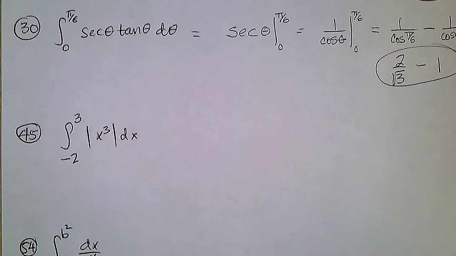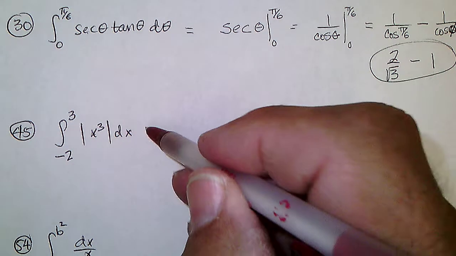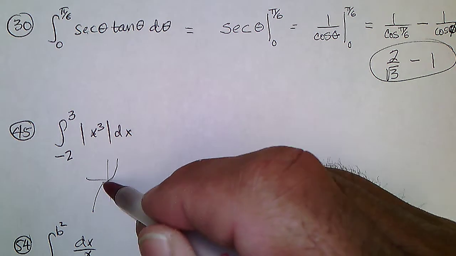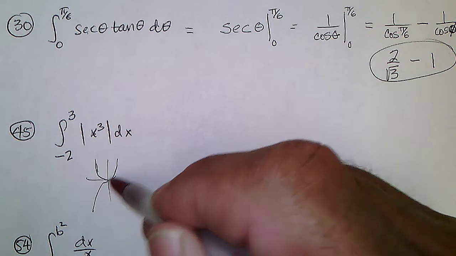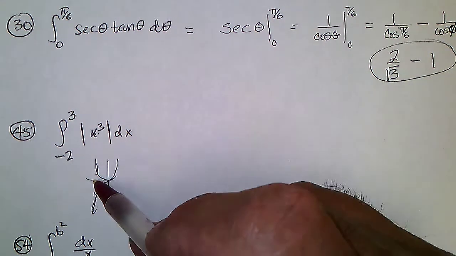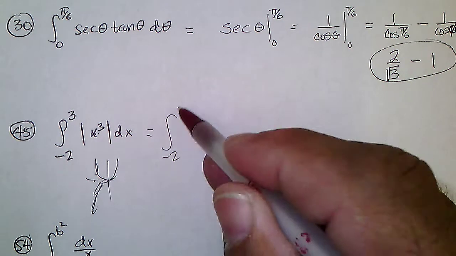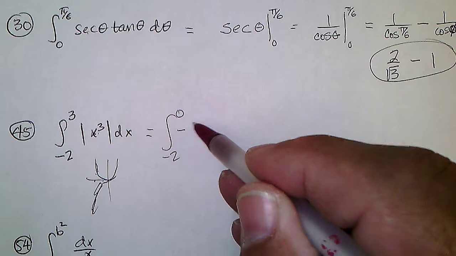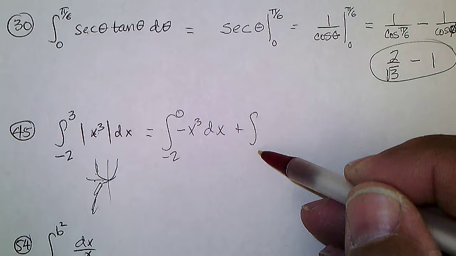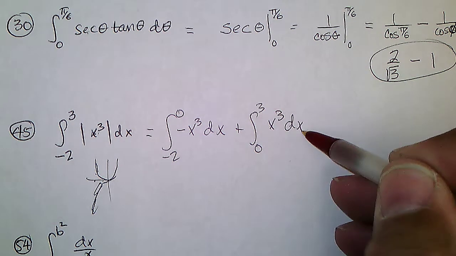45. We've got the absolute value of the cubic, which looks like this, and so the absolute value would look like this. This gets flipped up, so we just got to do the opposite from minus 2 to 0. So this would be the integral from minus 2 to 0 of negative x cubed dx plus the integral from 0 to 3 of x cubed dx.